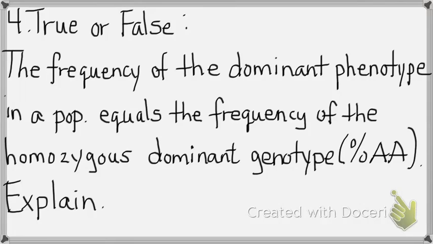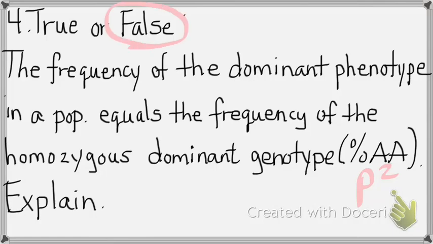Try number 4. True or false? The frequency of the dominant phenotype in a population equals the frequency of the homozygous dominant genotype. So if I count how many people are dominant in a room, is that P squared? That's homozygous dominant. But if you're dominant, does that mean you have to be homozygous dominant? No. What else could you be? Heterozygous.